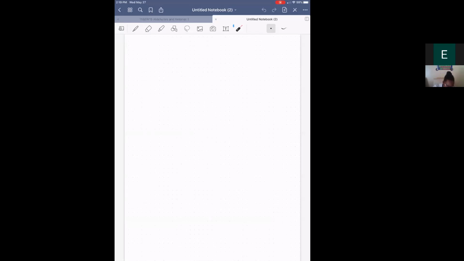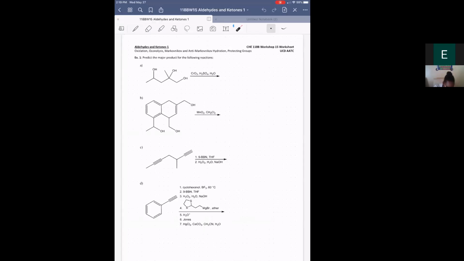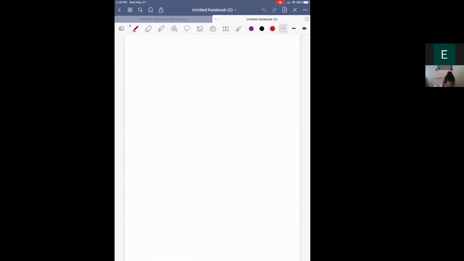So we're looking at aldehydes and ketones today, and we'll start off by just looking at nomenclature, right?